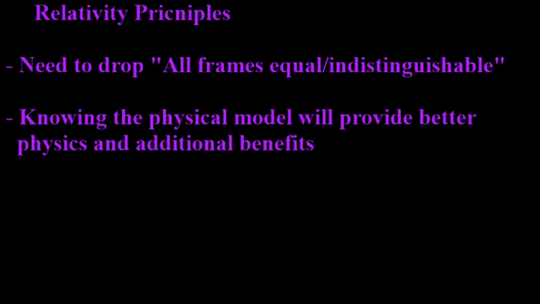So knowing the physical model, which often lies beneath the relativity principle and is obscured by it, will provide better physics and additional benefits. Once we know what's going on physically, it will allow us to better manipulate the physical environment.